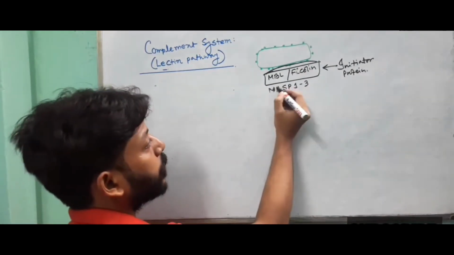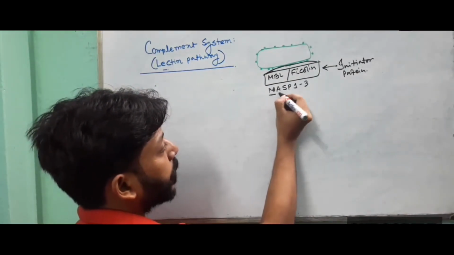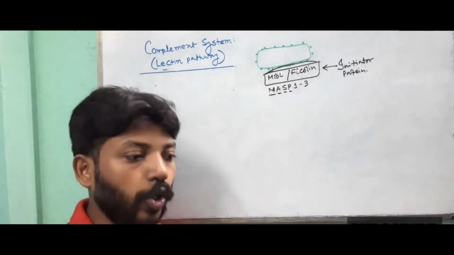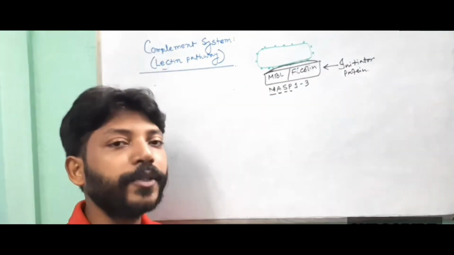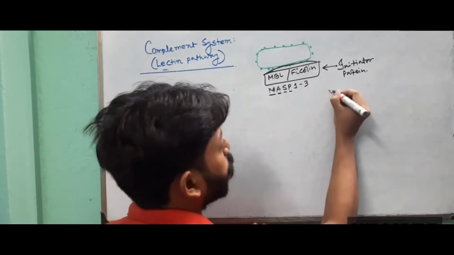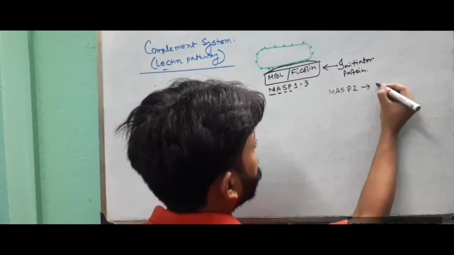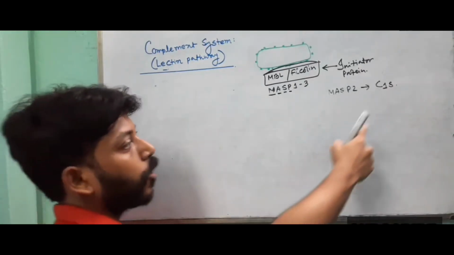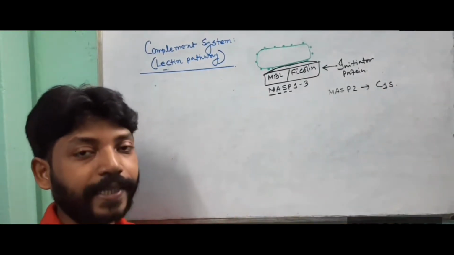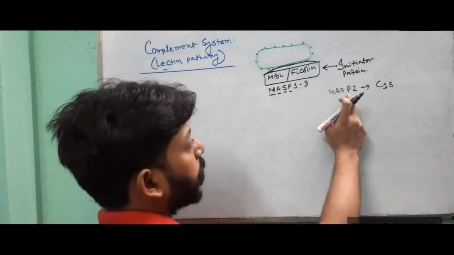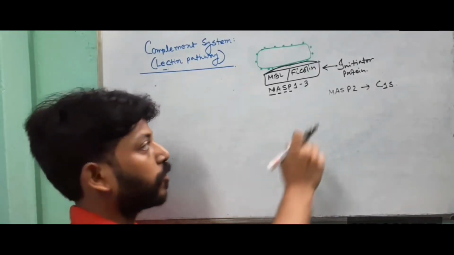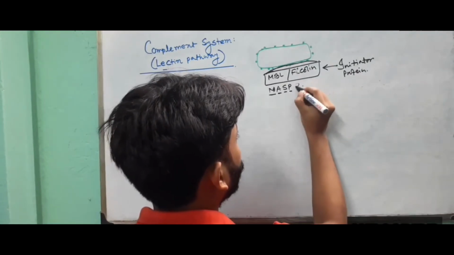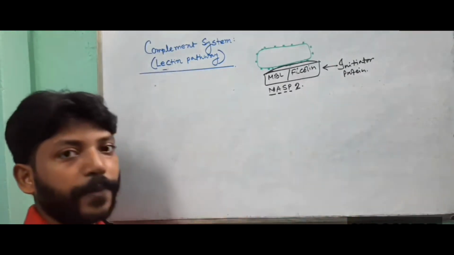The full form of MASP is MBL associated serine protease. Especially MASP2, in structural similarity, was found to be very similar to C1s of the complement protein of the classical pathway. So it works as a serine protease, and MASP2 mainly performs the enzymatic function.